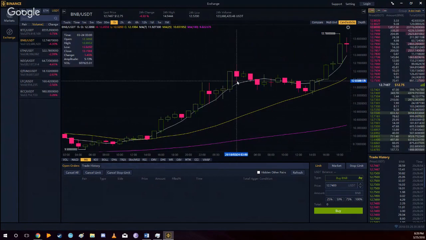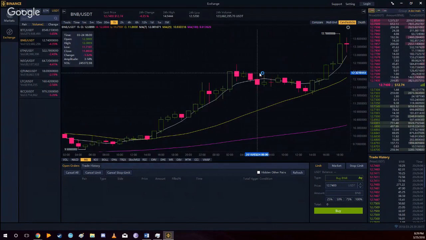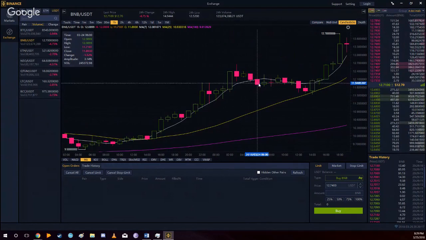Buy, sell. Buy, sell. If it breaks here the moving average and doesn't bounce back, that means my current trend is ending. My current trend has ended. It's time to get my stop losses and wait for another trend to begin. But I will lose some money here.